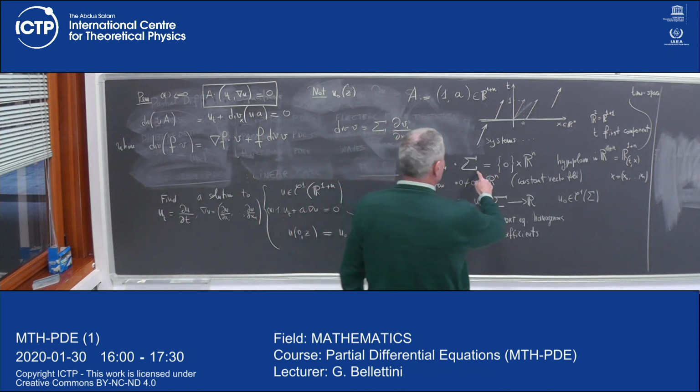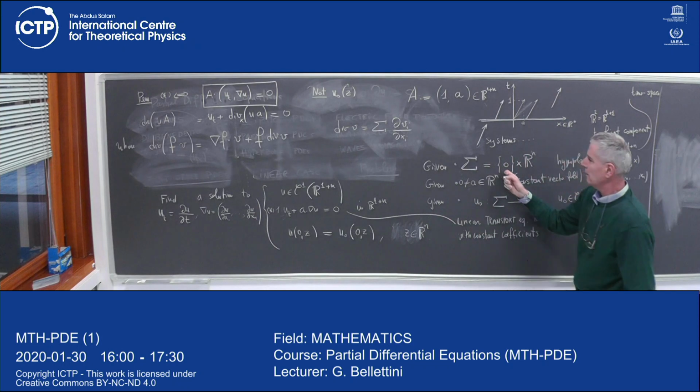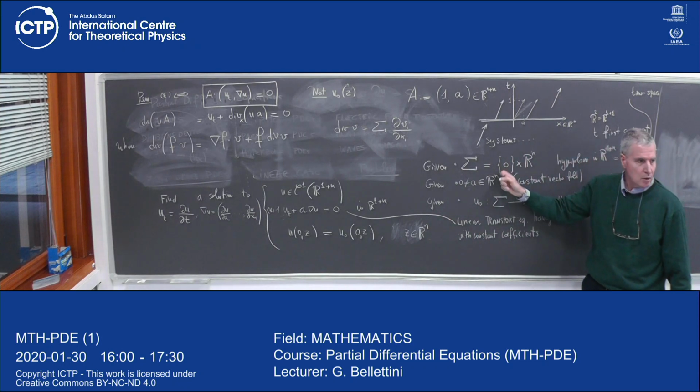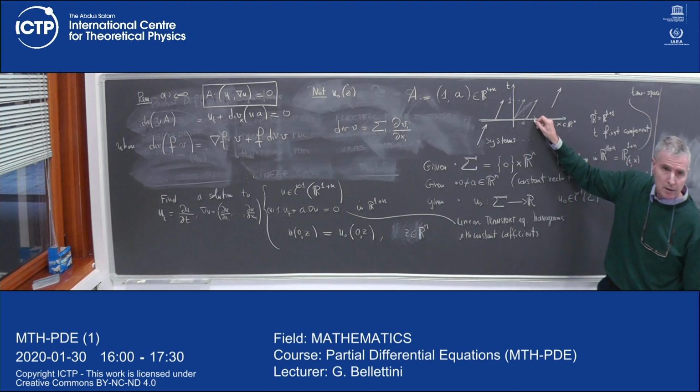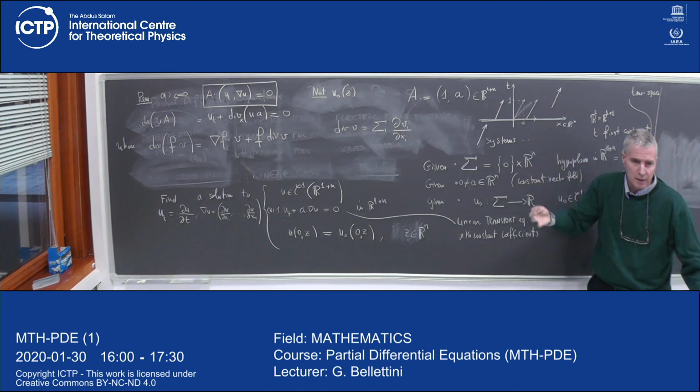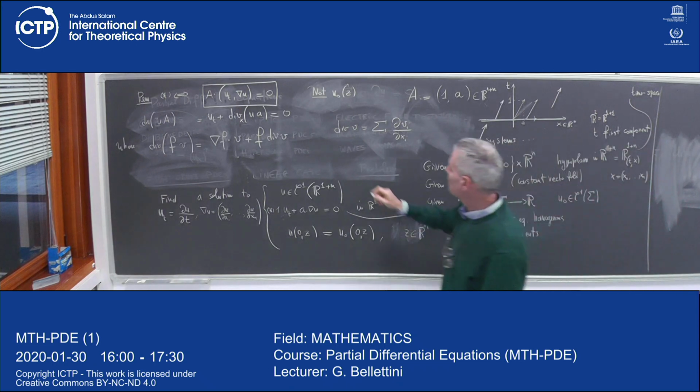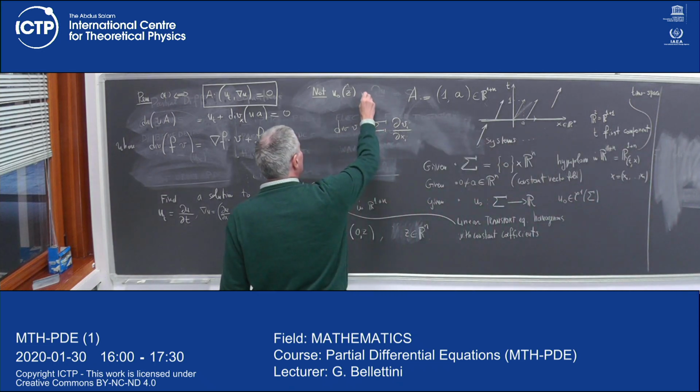Okay? Because Sigma would be (0, z). We are here on Sigma. So let me write simply u0 of z.